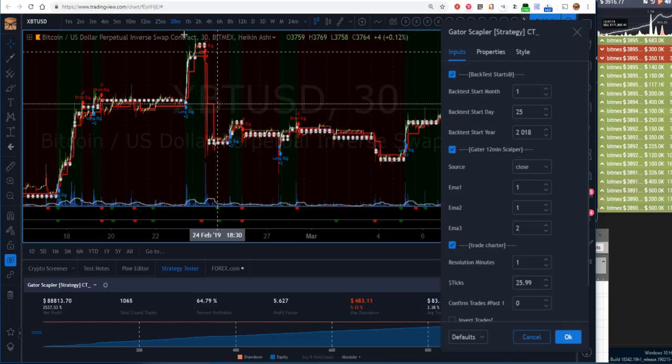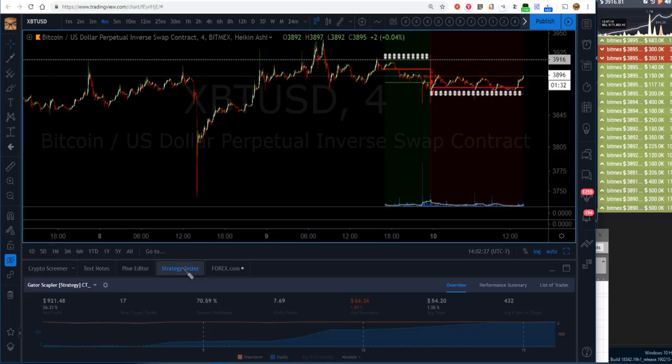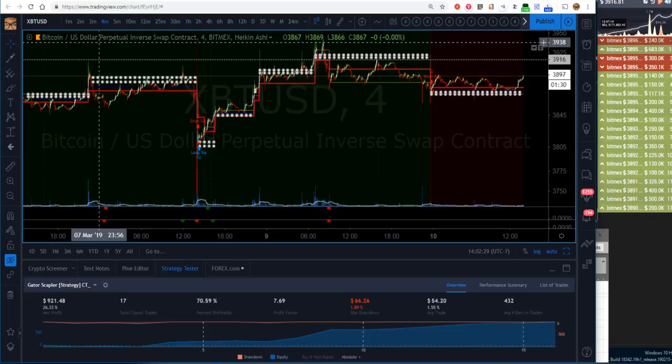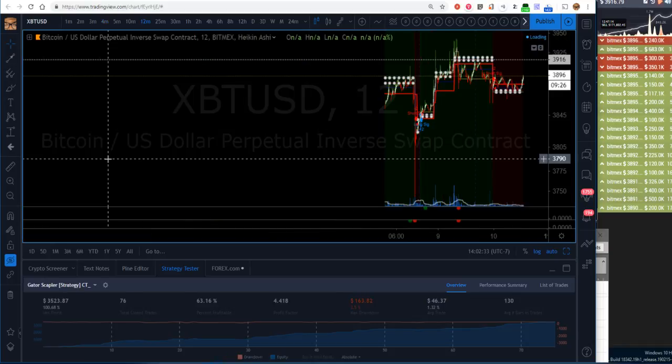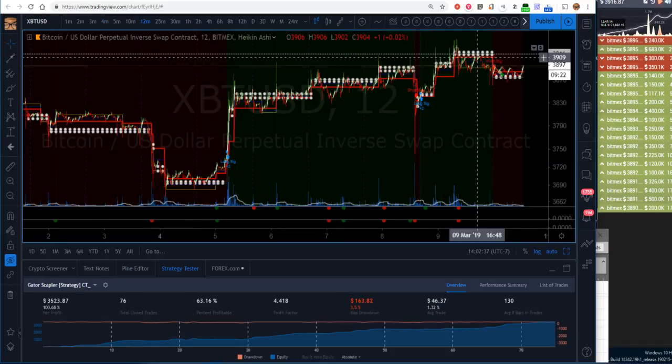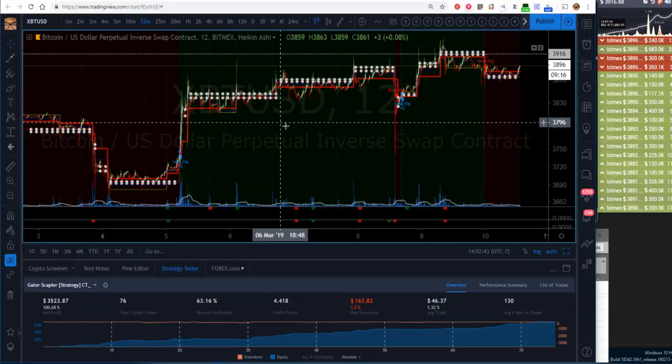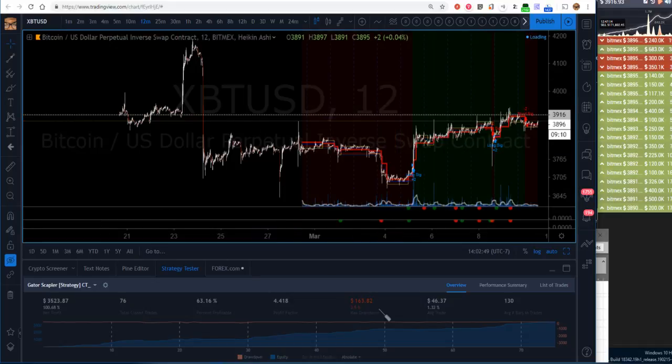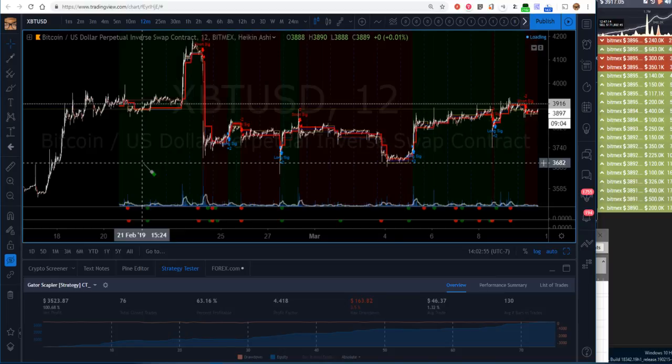Now, what we can do is pull this thing down to the 4-minute. Let's look at the 12-minute. Notice the trades are still there, same trades. All right. Struggling, I see. All right, so compare it to normal candles.